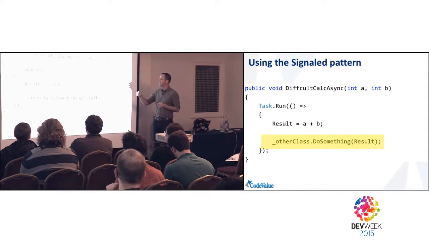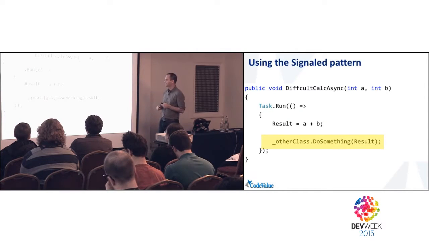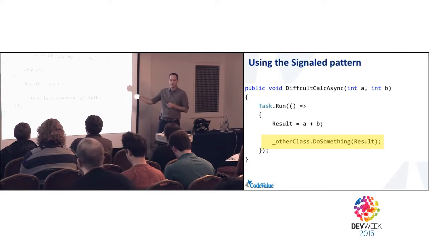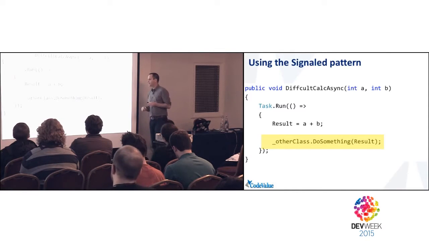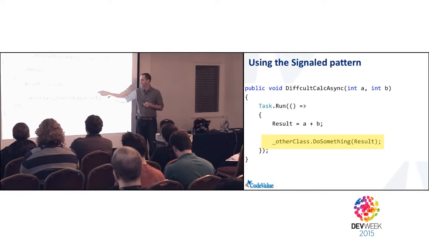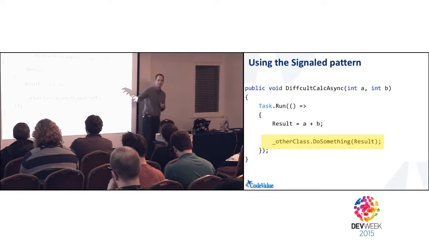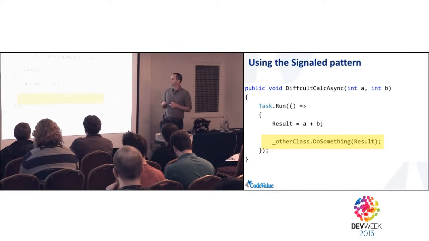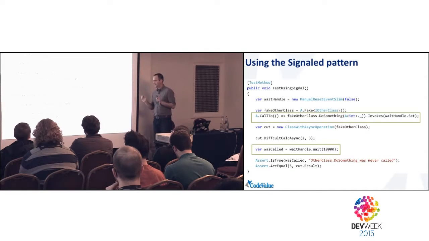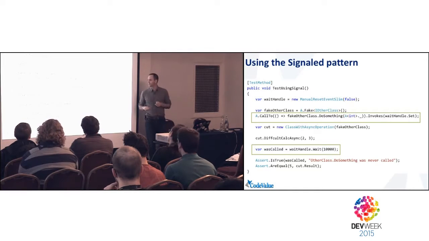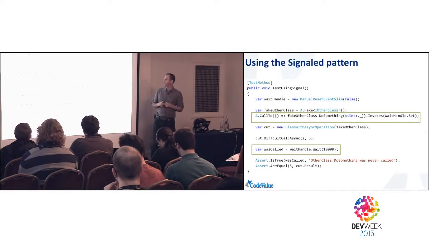Essentially, if I have this very difficult calculation, A plus B, and then I put it and do something with it, I know something. There's another class here that calls a method, and I can hook up to that method using fake objects.